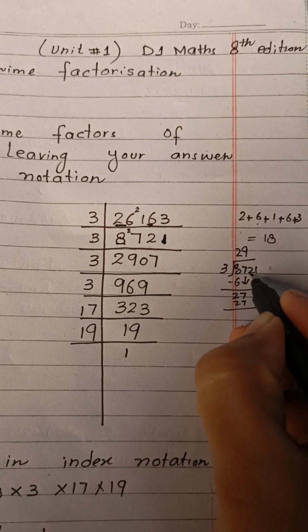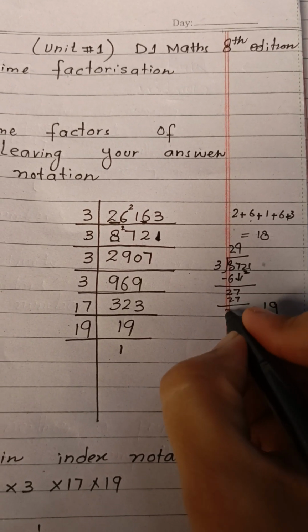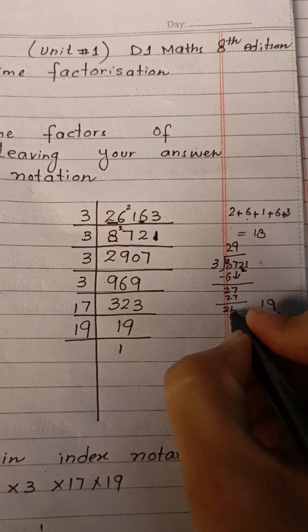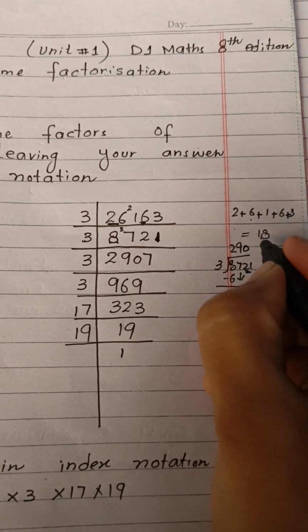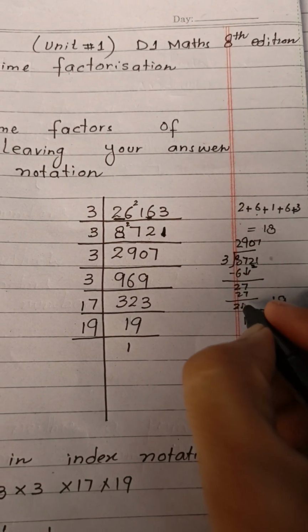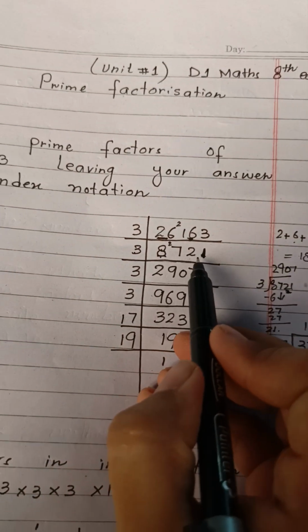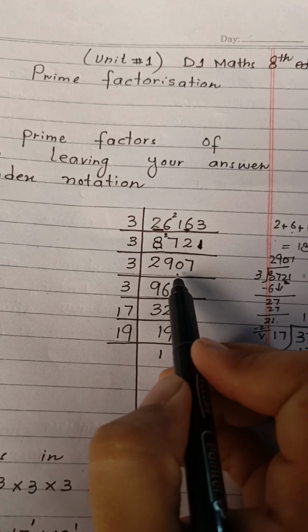So I will take 21 together, 2 digits together. Whenever we take 2 digits together, we first put 0, right? And now 3 7 times 21. Is it clear? So 8721, when divided by 3, we will get 2907.